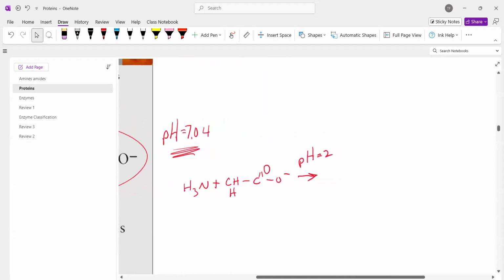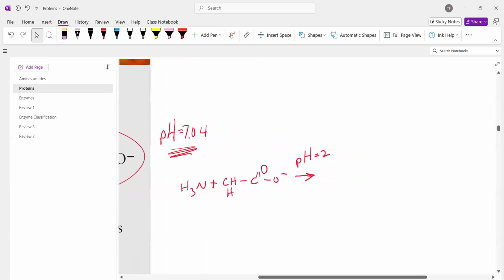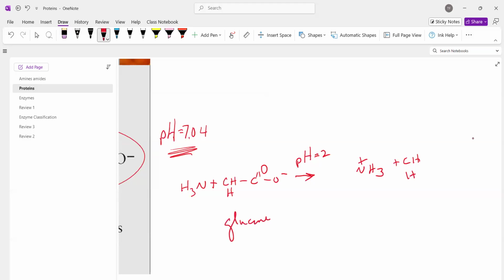What happens is, this is glycine, so this acid end of the amino acid protonates.